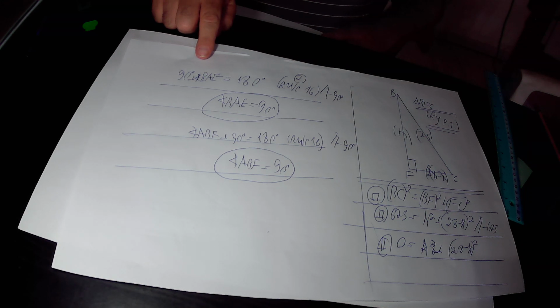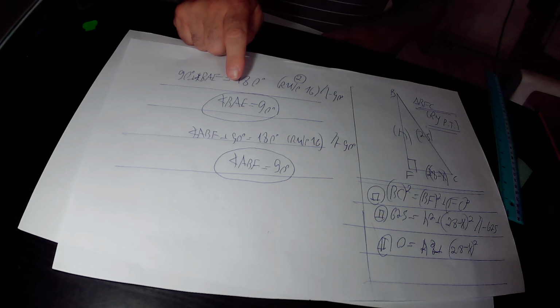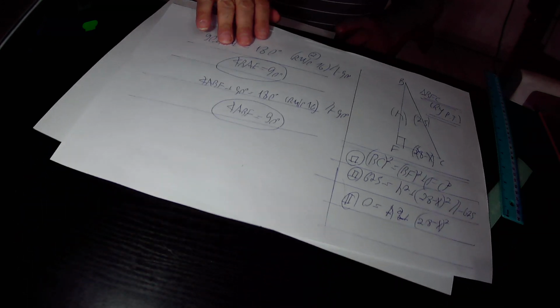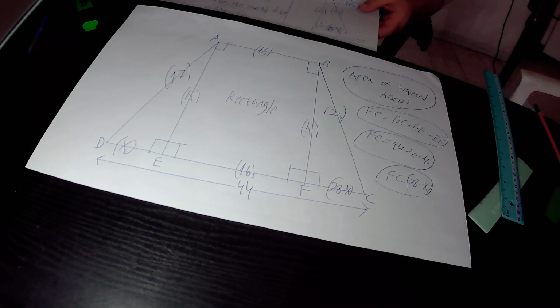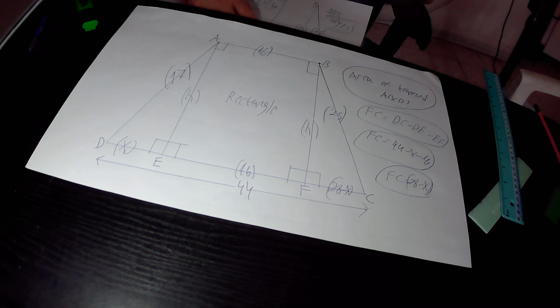Here we subtracted 90 degrees from this equation and finally found out that the missing angle BAE equals 180 degrees minus 90 degrees, that is 90 degrees. So actually, this is the missing angle BAE, according to rule 16. The missing angle BAE is equal to 90 degrees in its size.